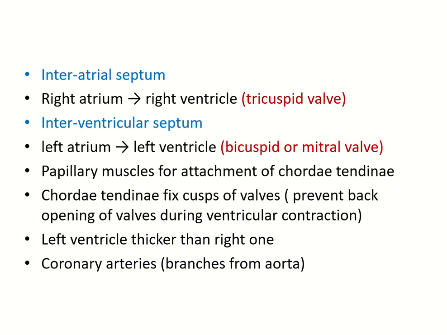Now you can see there are coronary arteries present all around the heart, and these are actually the branches from the aorta, and their function is to supply blood to the muscles of the heart.